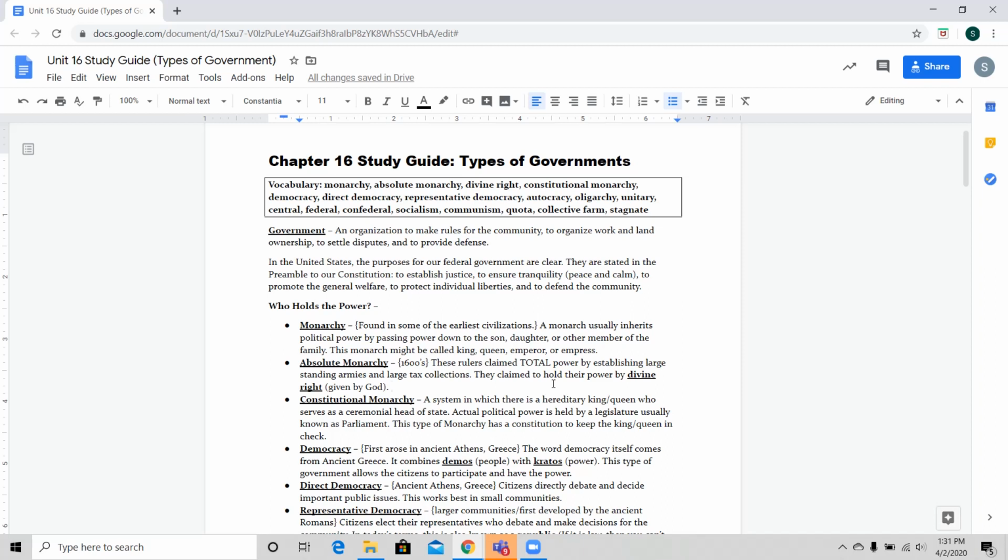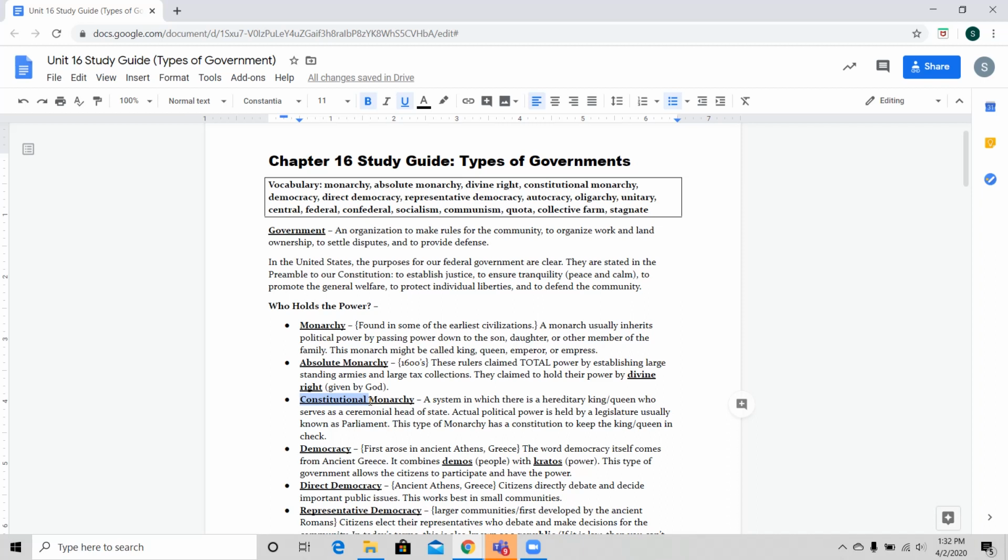When you see a government style that has the word constitution or constitutional in it, that's usually a good thing, because we know from our Constitution that it's a document that typically gives people rights and limits the government. In a constitutional monarchy, such as Great Britain, you have a king, or really a queen, but she has no power.